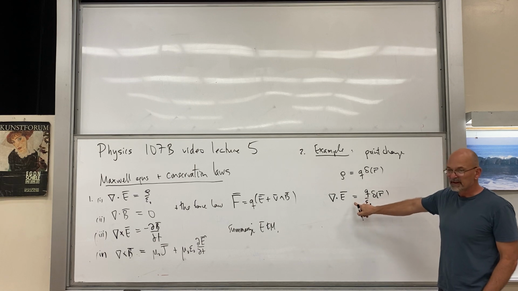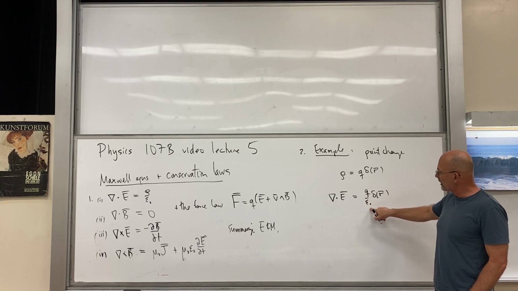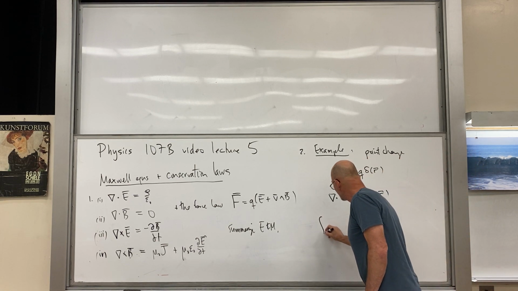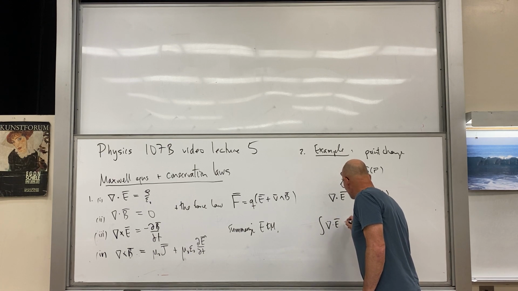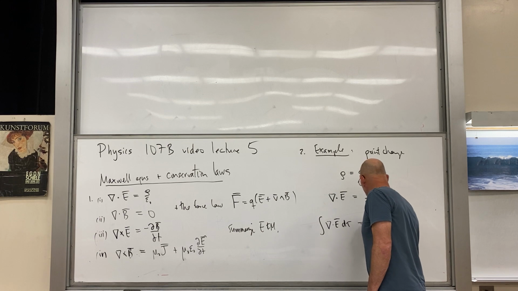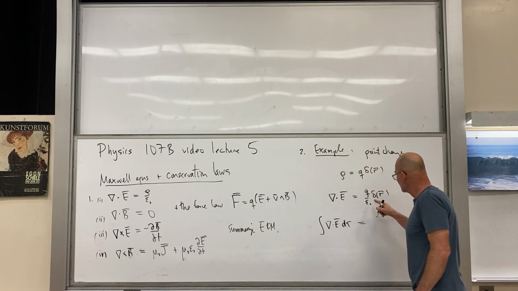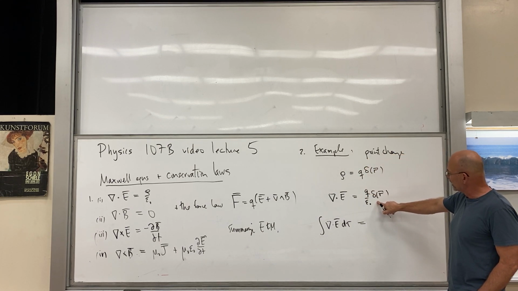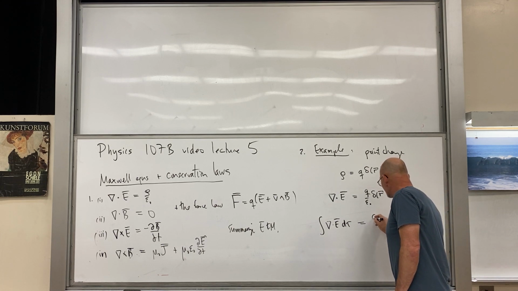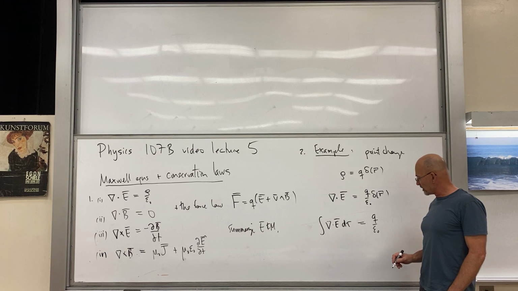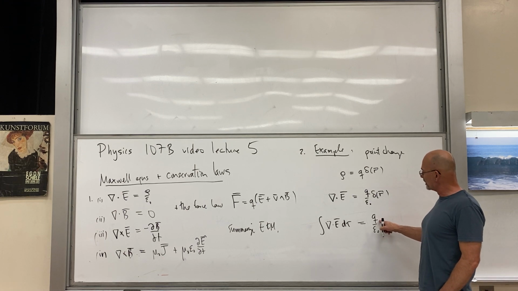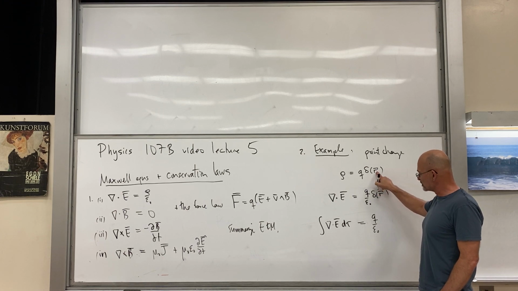And we know the property of a delta function. We're going to integrate both sides over a volume. The integral of divergence of E d volume gives us Q over epsilon naught, which is our point charge at the origin.